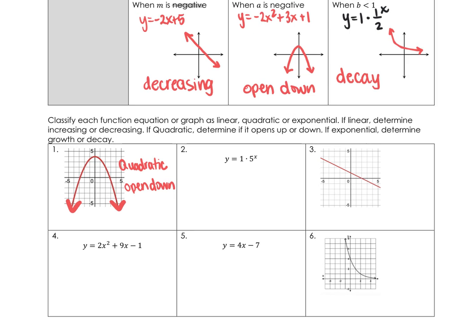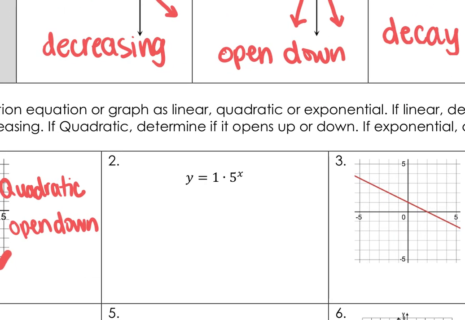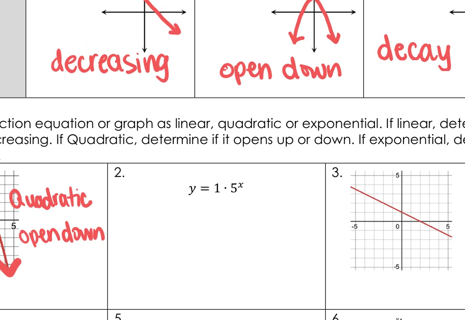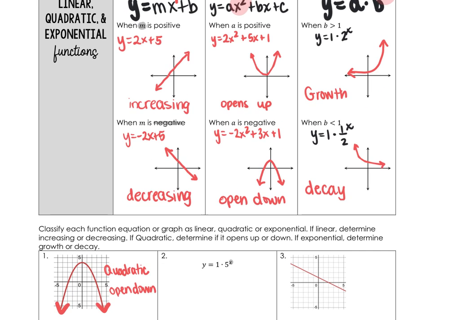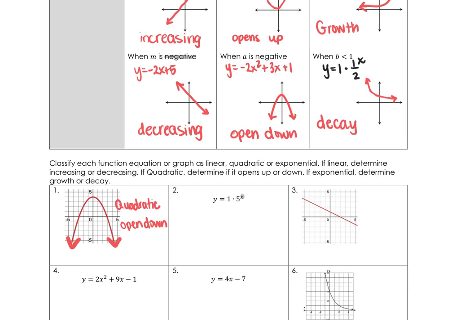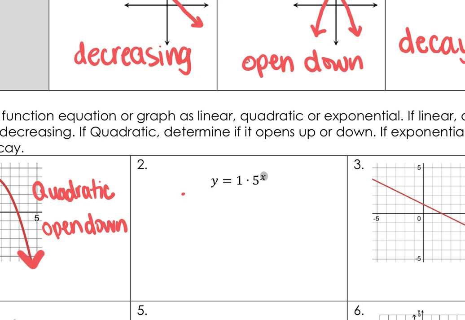Number 2, we have an equation. y is equal to 1 times 5 to the x power. So this x is in the exponent, and since the x is in the exponent, that means exponential.